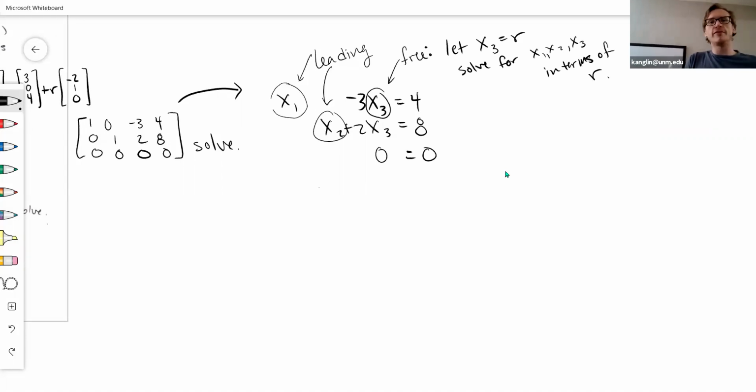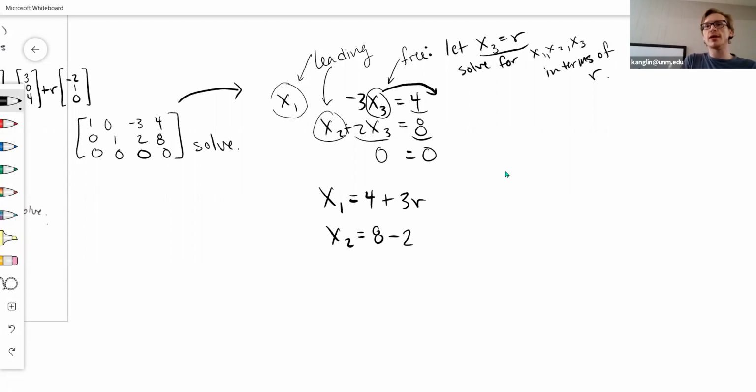So if we do that, the first equation becomes x1 equals this 4 that's already on the other side. I'll add the x3 to the other side. But remember, x3 is just r. The next equation, I have x2 equals, I've already got 8 over here, and I'm going to subtract 2x3.